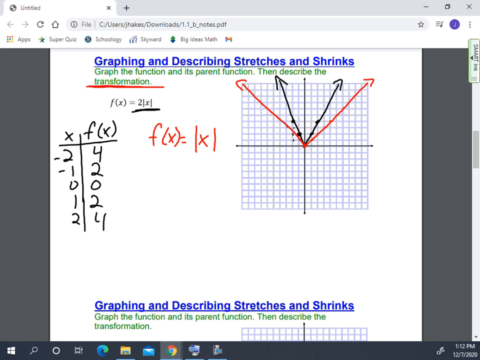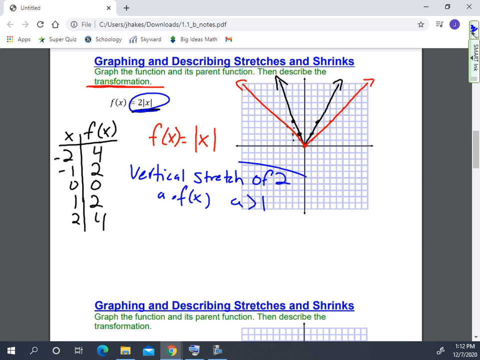But remember, when we think of vertical stretch, I'm going to go blue so it's easier to see, we had f of x being multiplied by a number, and A was bigger than 1. Well, is this the case here? Yeah, it is. It's being multiplied by 2. So this has a vertical stretch of 2. That is our transformation.